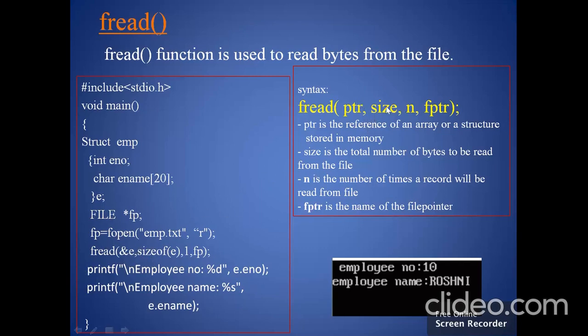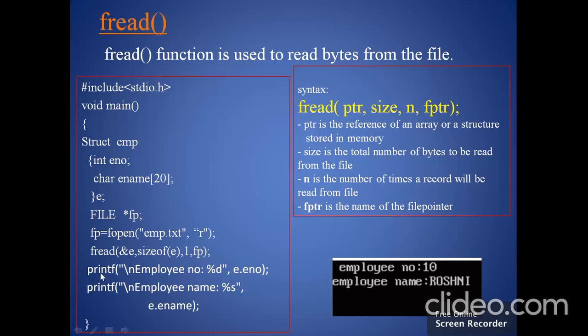Then next we have to put the size of the data we are going to read from this file. For finding that, we'll put this code, that is sizeof e. So this will give the size of data we are going to read from the file. Then next we will have the number of times the record will be read from this file. In that place we will put 1. Then at last we will put the name of the file pointer.